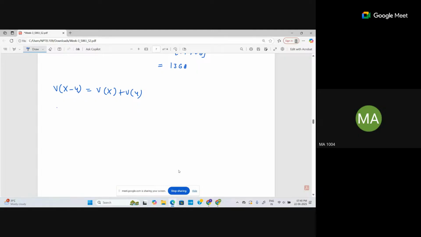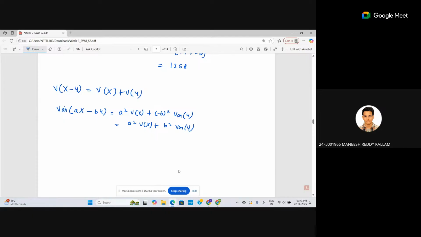If you write variance of ax minus by, it is a square times variance of x plus minus b square variance of y, so a square variance of x plus b square variance of y. Now, in variance of x minus y, the coefficient of y is minus 1 here.